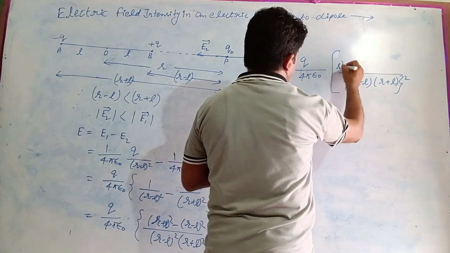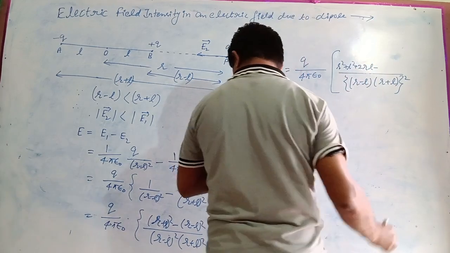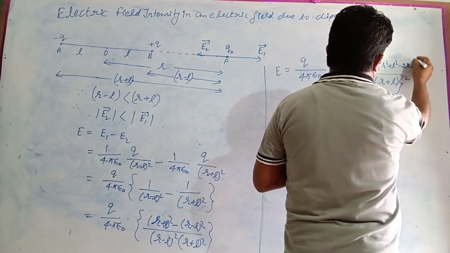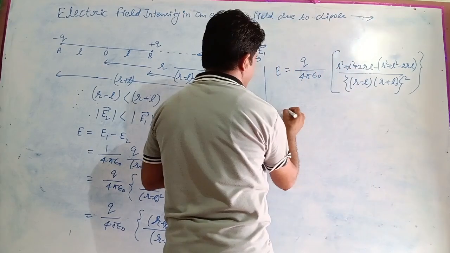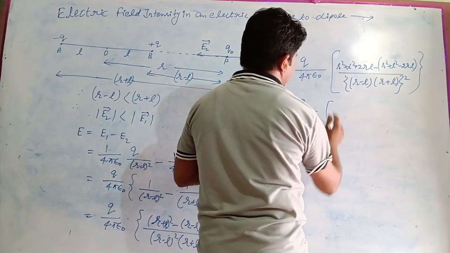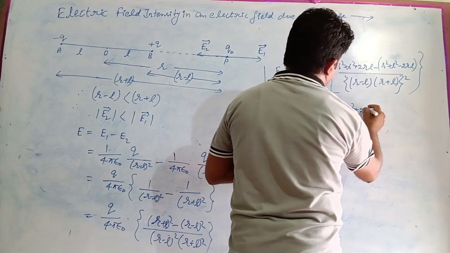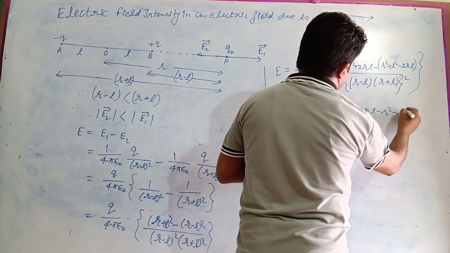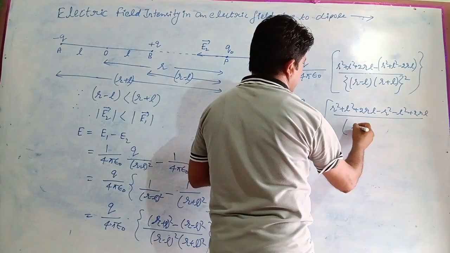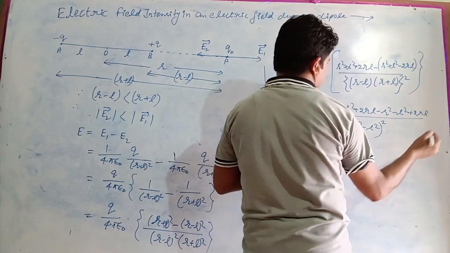So here we get r square plus L square plus 2 RL minus r square plus L square minus 2 RL. So now q upon 4 pi epsilon naught, and here we get r square minus L square, whole square.